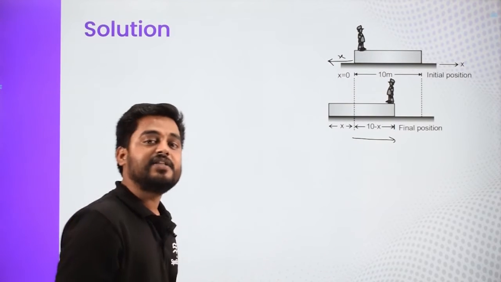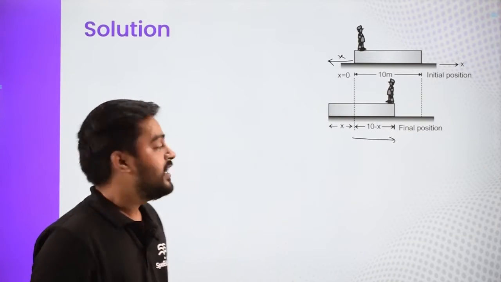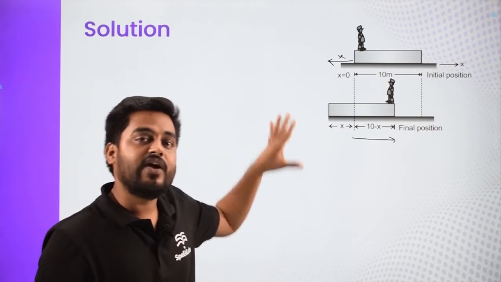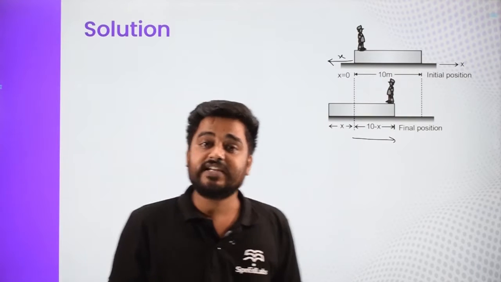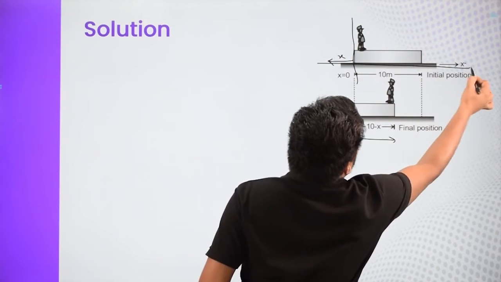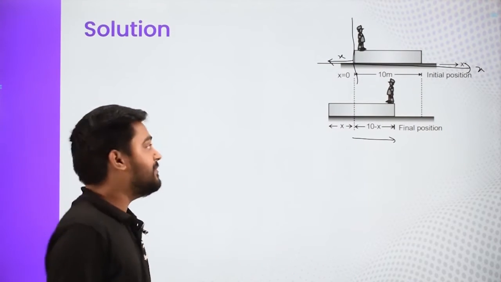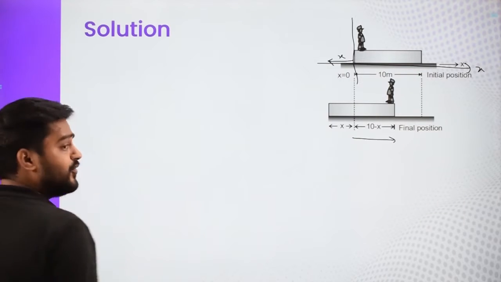Now let us write the position of center of mass. Initially and finally both have to be the same because there is no external force and we have already discussed that center of mass will remain at rest. So I am assuming this as the coordinate system and I will say the X position of center of mass will remain the same. So how do we write XCM?